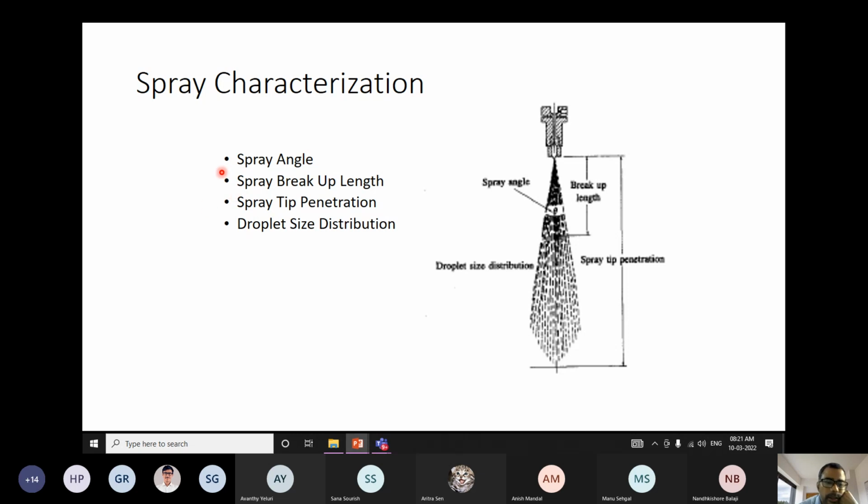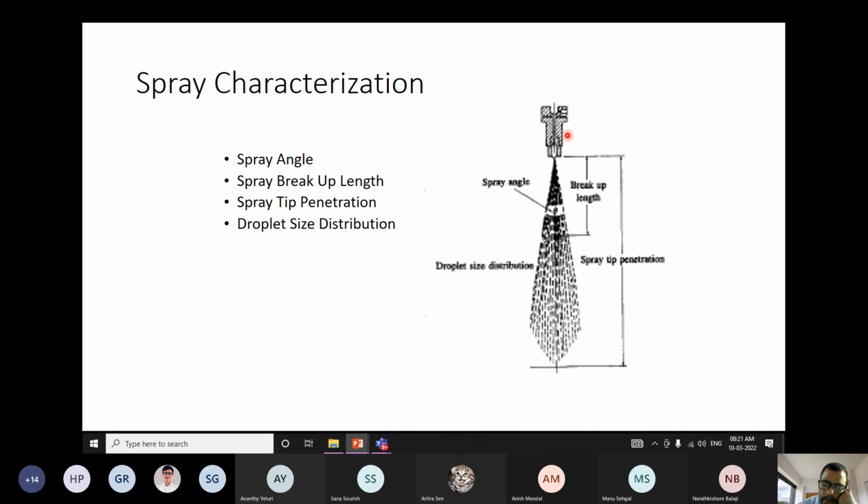Now, the very important thing is how we are going to measure all these 4 parameters: spray angle, spray tip penetration, even breakup length.